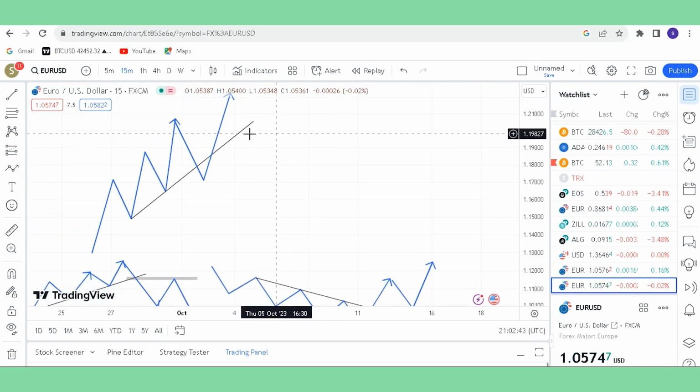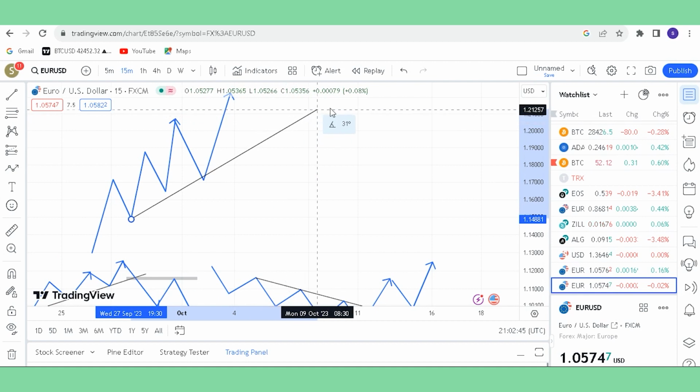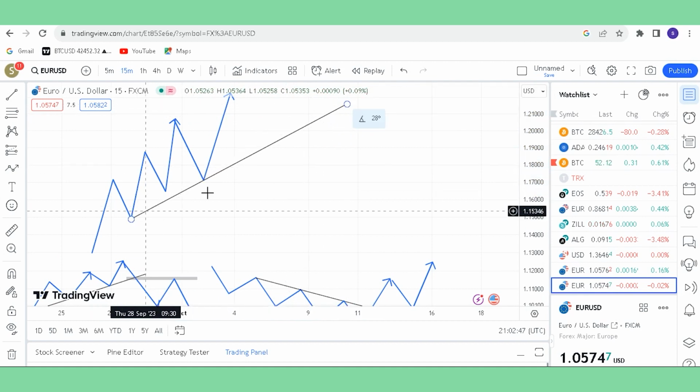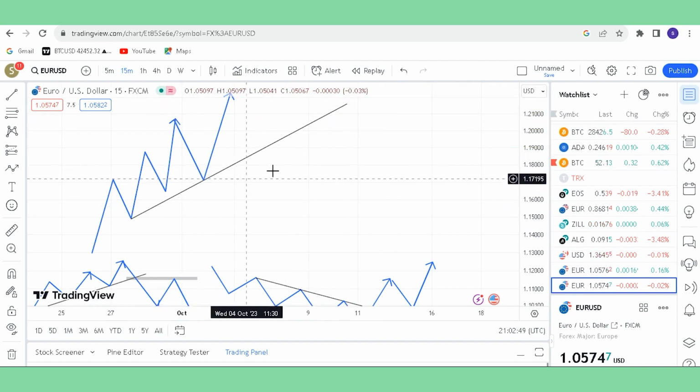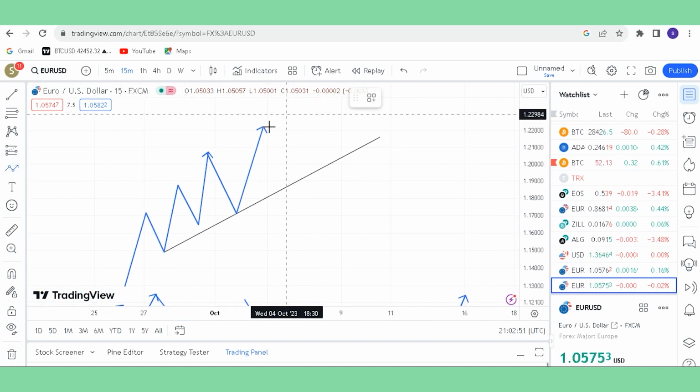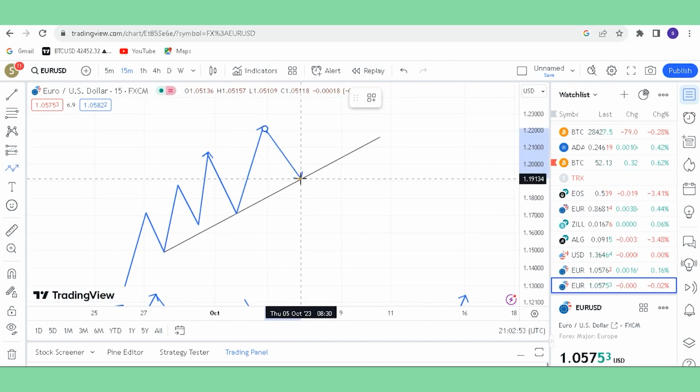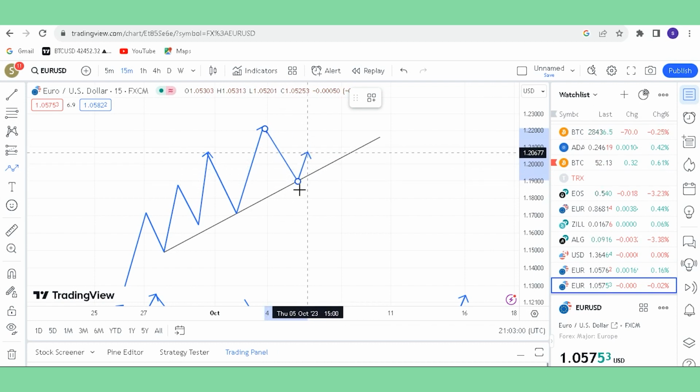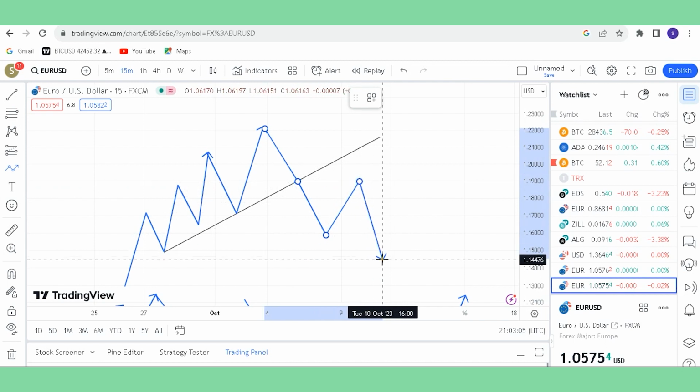In that case, we extend this trend line like this to this one, and when the price goes to this trend line, it will be our decision point. We will be buyer here, or if it breaks it, we will be seller in this break-even point.